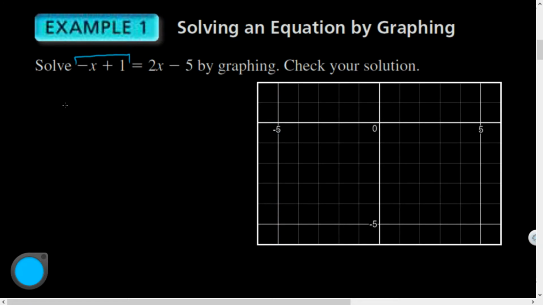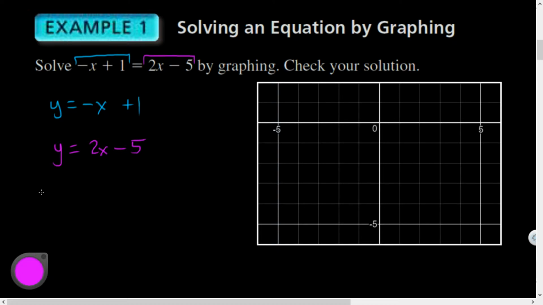What's my first equation going to be? y equals -x plus 1. What's my second equation? Someone help me out with that one. Well, it'll still be y equals 2x minus 5.